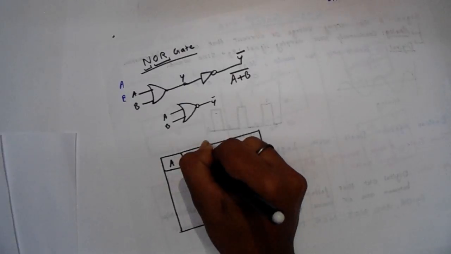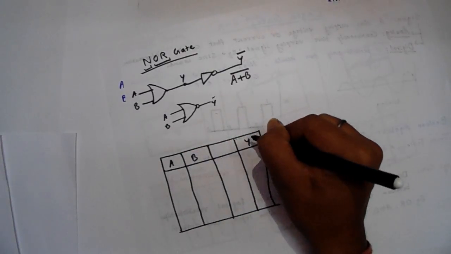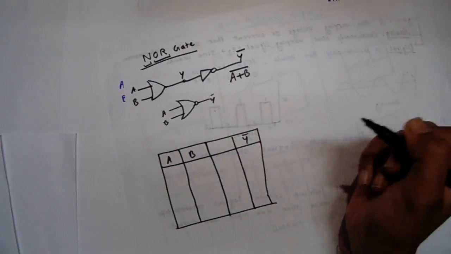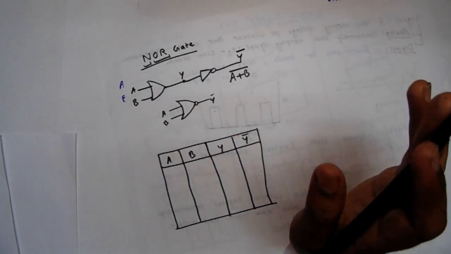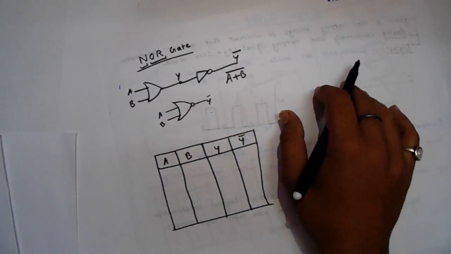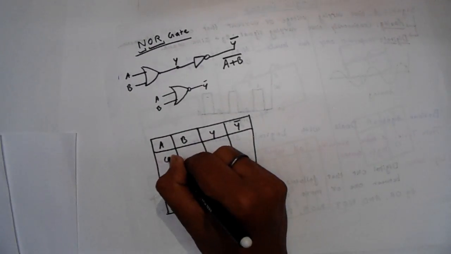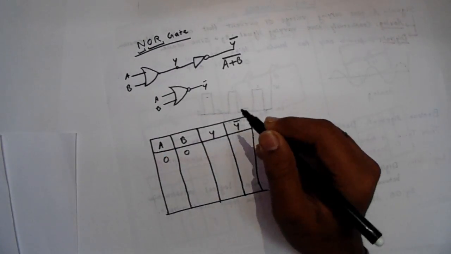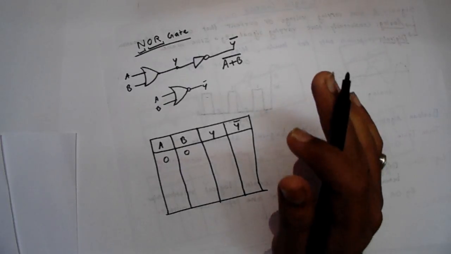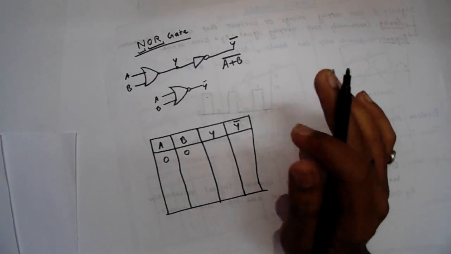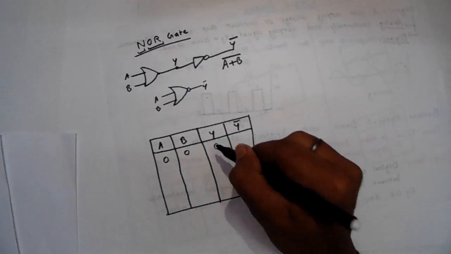This is the input part, this would be the NOR part, and this is the OR part for your sake. For inputs 0, 0, first we will make the output for the OR gate. We would get 0.